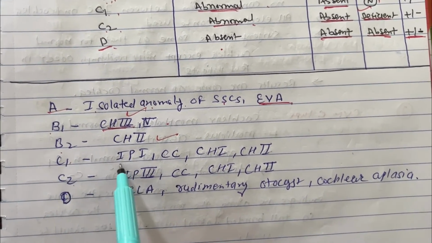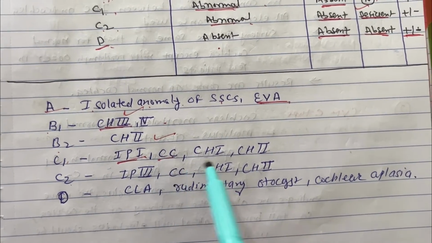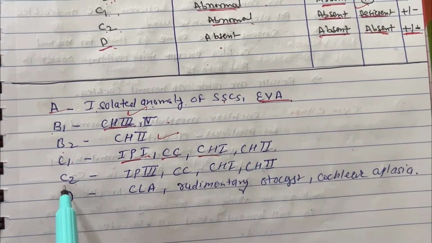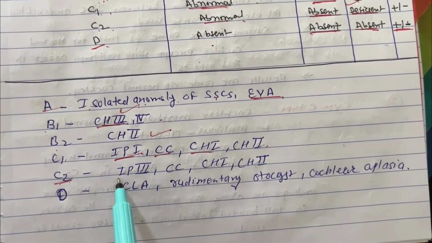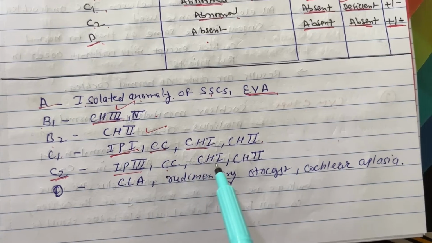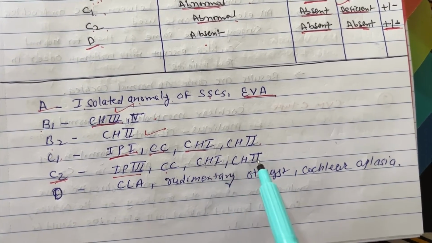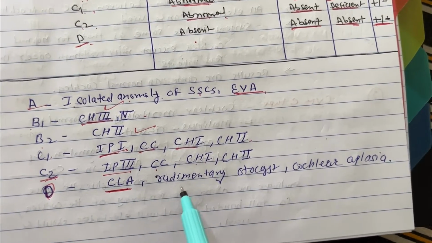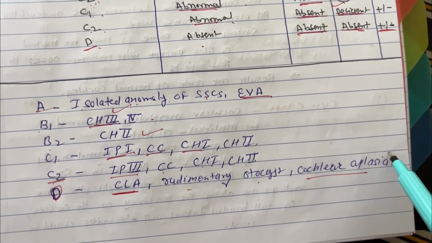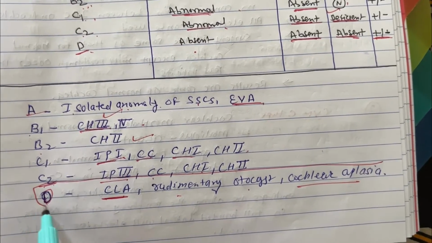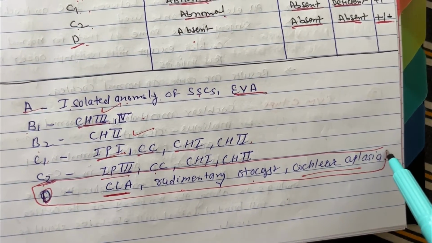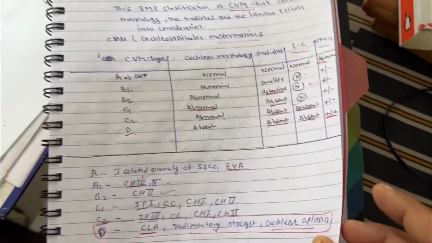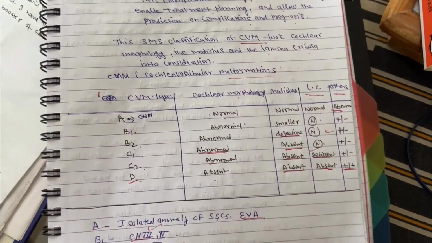C1 and C2 have IP1 common cavity, cochlear hypoplasia 1 and 2 type, and C2 having incomplete partition 3, common cavity, cochlear hypoplasia 1 and 2. D having complete labyrinthine aplasia, rudimentary otocyst and cochlear aplasia. So this D is a contraindication of cochlear implantation. So it is easy to remember, but worldwide following the Sennaroglu classification.